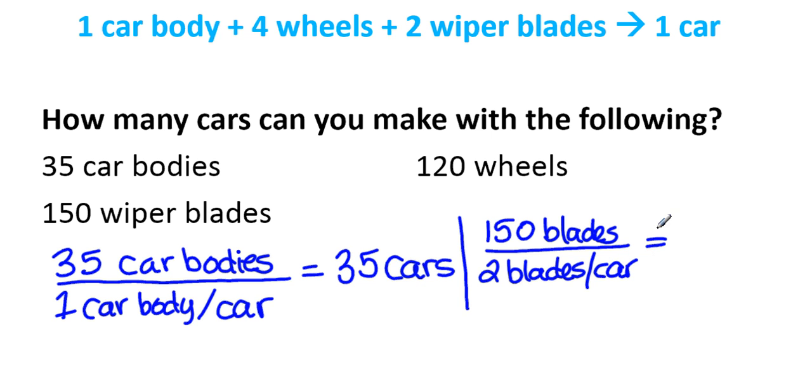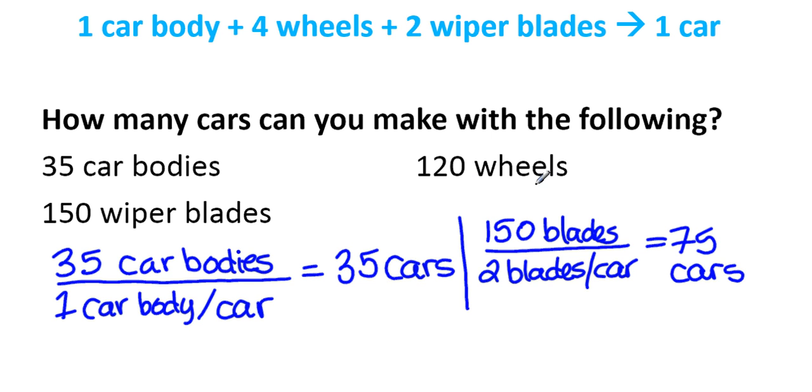So when we divide that, we get 75 cars. 150 divided by 2 is 75 cars. So right away we can see there's a discrepancy here. There's no way we can make 75 cars, because if we use up all the car bodies, the maximum is 35. But now we've got one more to check.